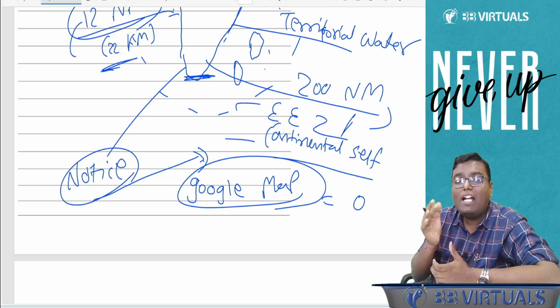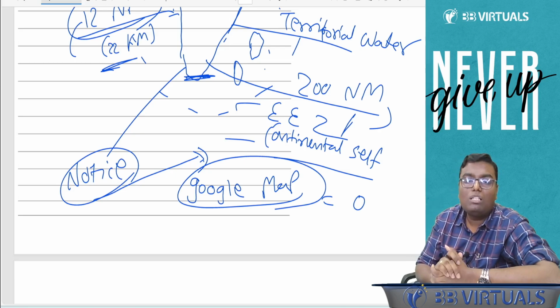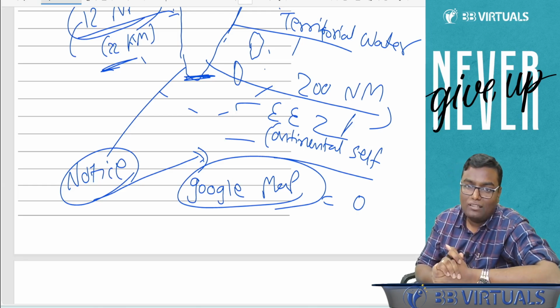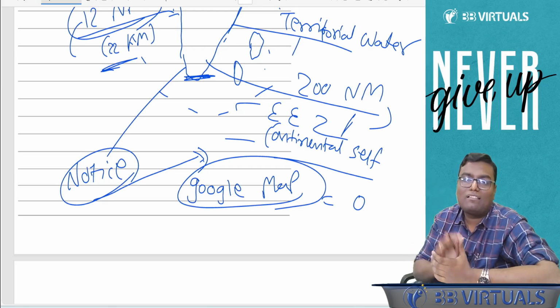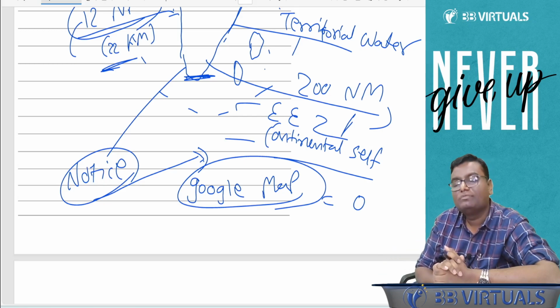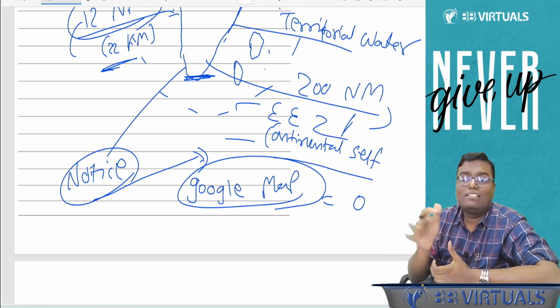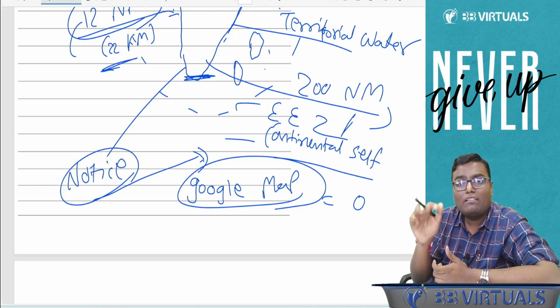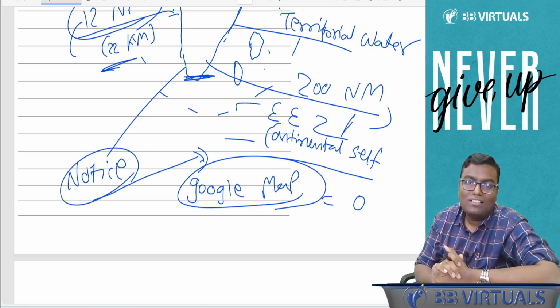They sent a demand notice of 5,000 crore to Google Maps to pay the tax within 30 days. What Google Maps simply did, they hired an advocate from India and they challenged this notice. At that time, Supreme Court advocate Ram Jethmalani fought this case. They challenged this notice in the Supreme Court, and in one single hearing, this notice was disregarded.